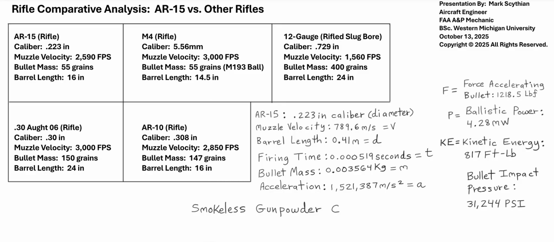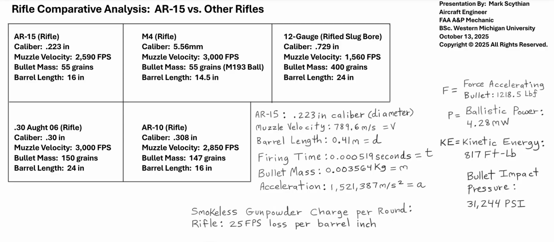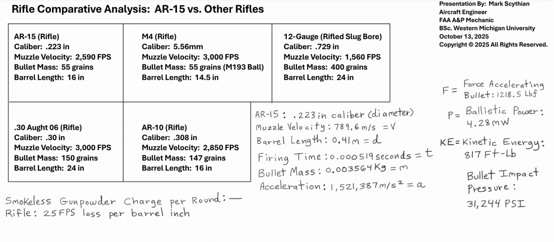So next we should calculate the smokeless gunpowder charge per round. And so when we're dealing with a long barrel or a rifle, there's about a 25 feet per second loss per barrel inch. And there isn't much loss from aerodynamic drag, but most of the loss is from the friction as the round is cut through the rifling lands and grooves.